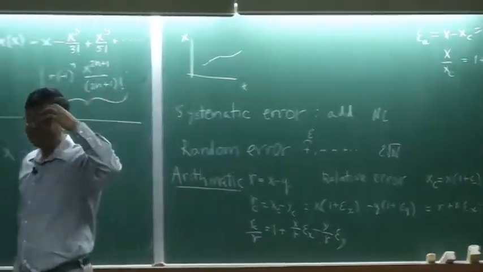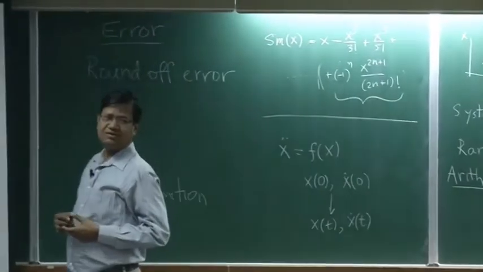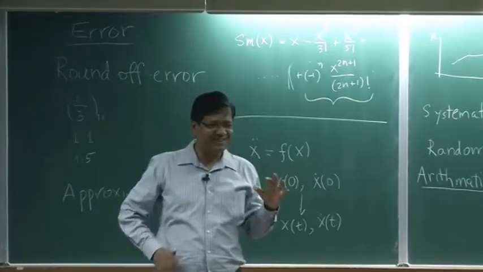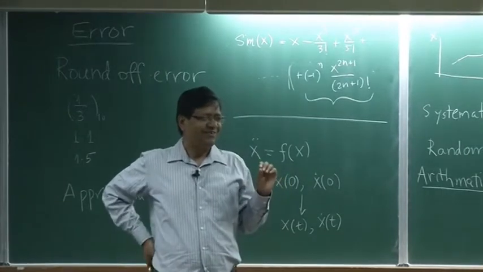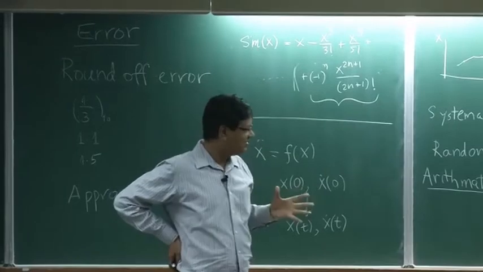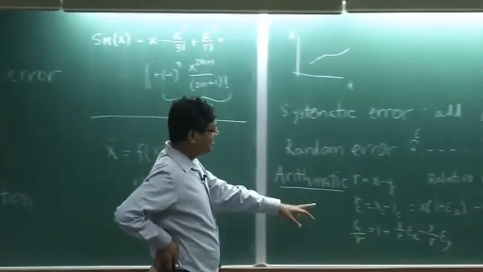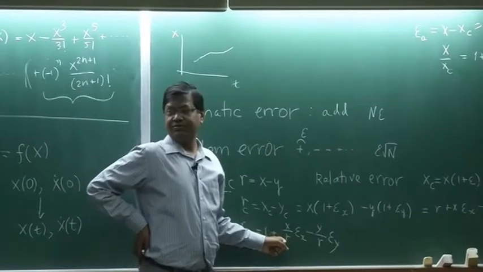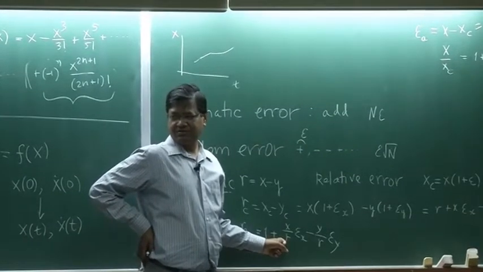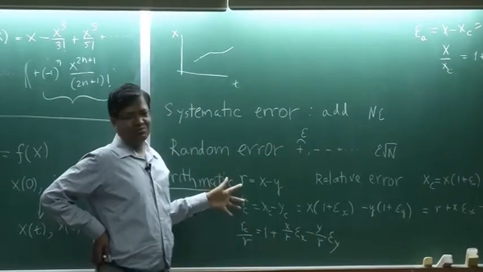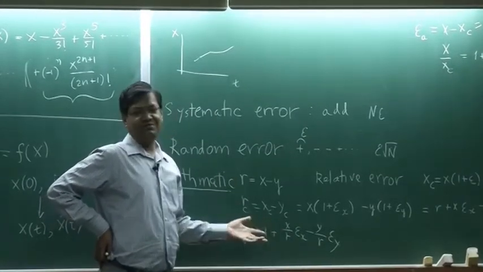Now, when does this relative error become large? There is one danger it tells you, that when my numbers are of a certain type, this number could be very large when R is small. Okay. In fact, when R equals 0, this should be 0, but this is where the relative error can be very large.